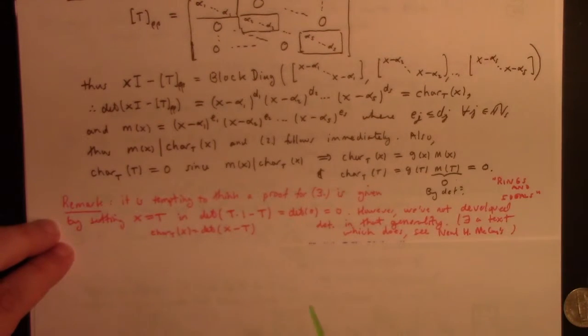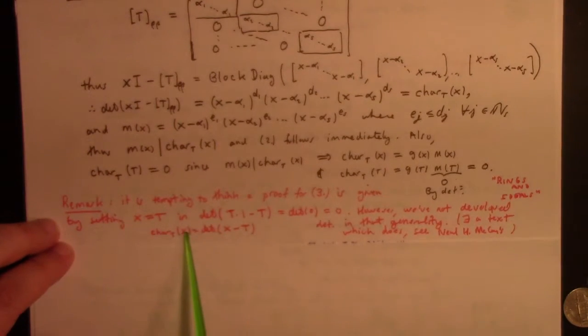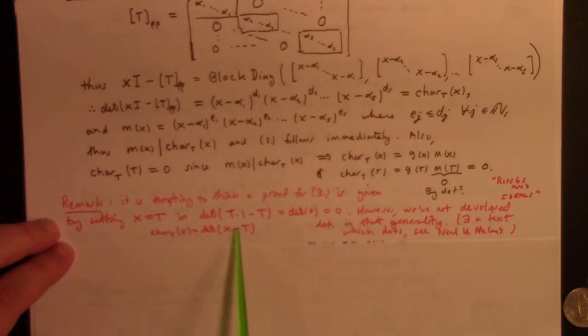No, I'm just kidding. So the characteristic polynomial is what? It's the determinant of xI minus T, right? So it's tempting to think that you can just plug T in, and then you get T minus T, so what's the determinant of 0? Well, it's 0, right?